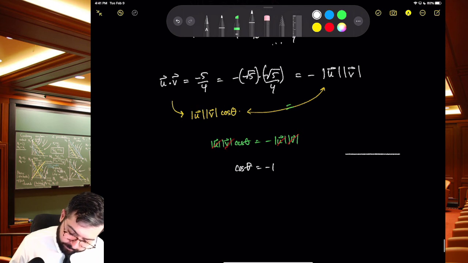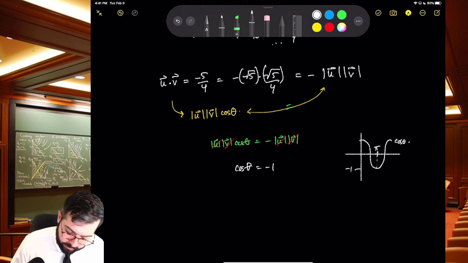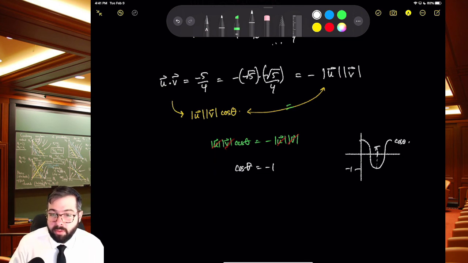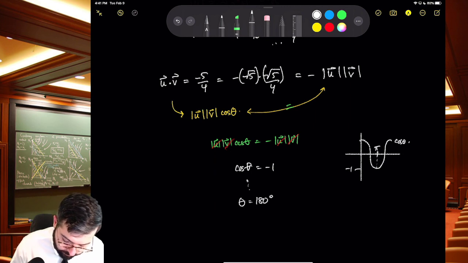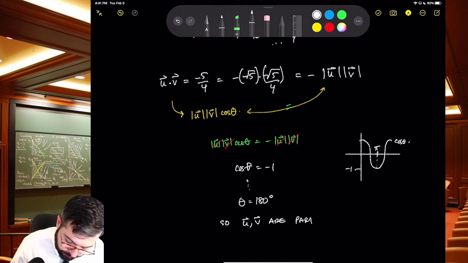It's a difference of 180 degrees. Yeah, difference of 180 degrees. Right? At pi or 180, cosine's at -1. So they are parallel, just with the opposite sense, right?